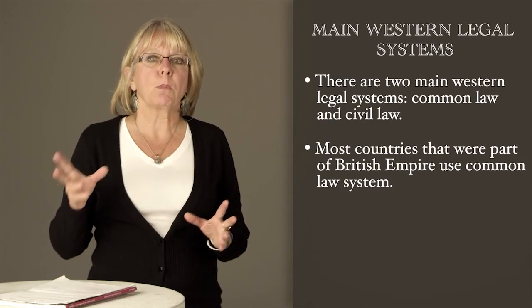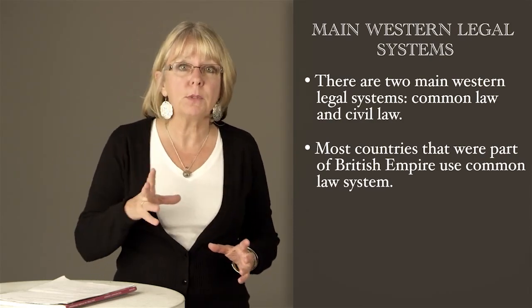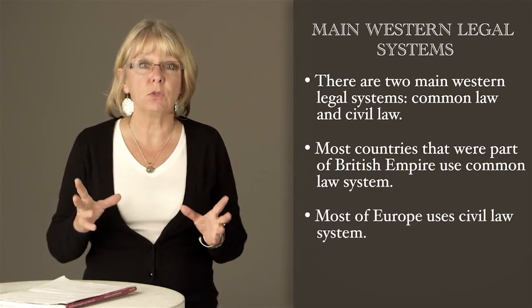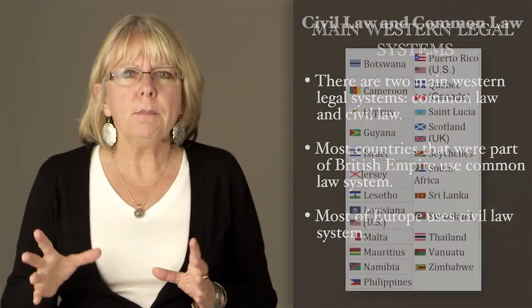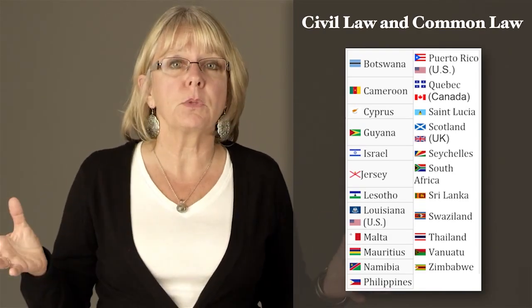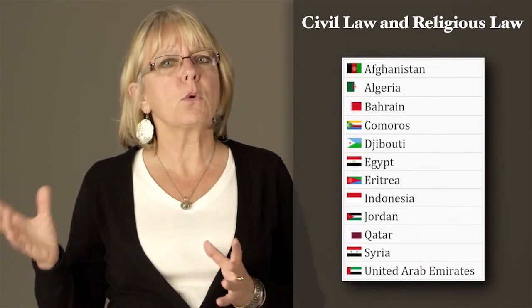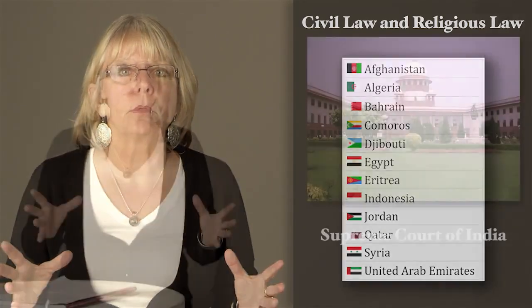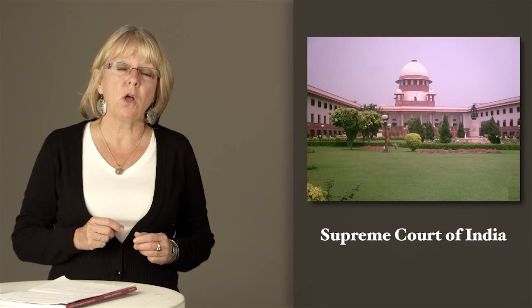Most countries that were part of the British Empire have common law systems, and most of Europe, for example, uses a civil law system. Sometimes two systems exist side by side within a country, and there are other systems based on beliefs or custom. Many countries have these, sometimes in unique blends with common law and civil law systems.